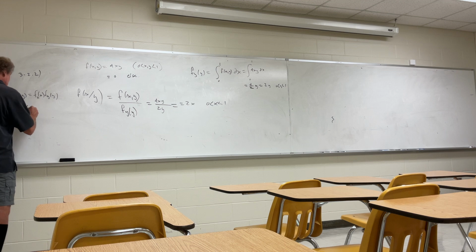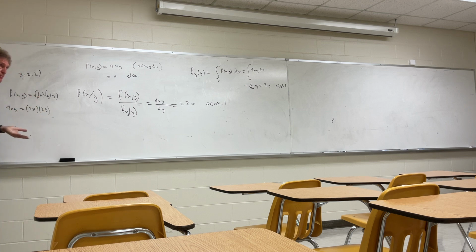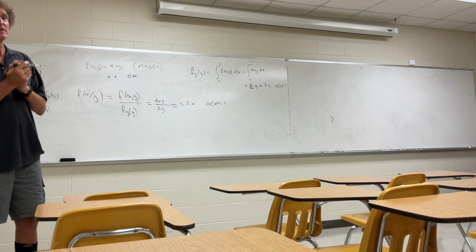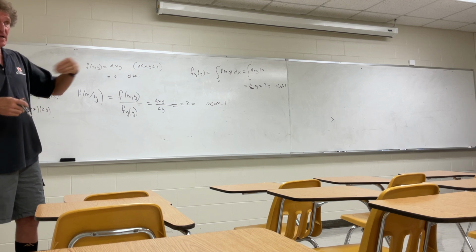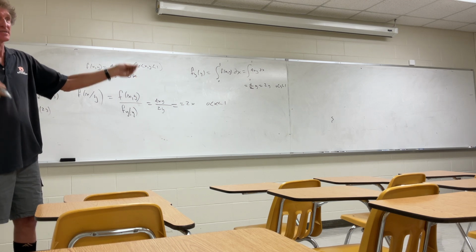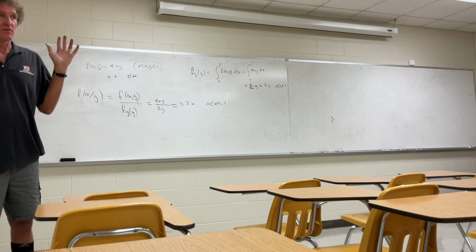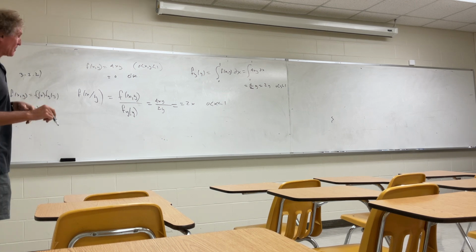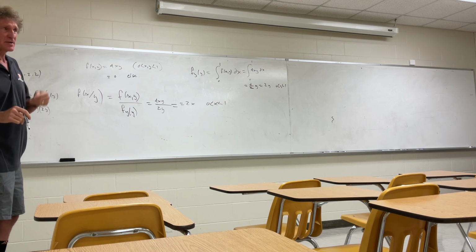Well, f of x is 2x, and f of y is 2y. Can you see how they're separable? What I mean by that is y can have any value at all. It does not affect f of x at all. And if that's the case, then if I want the probability of x, what is the question again?